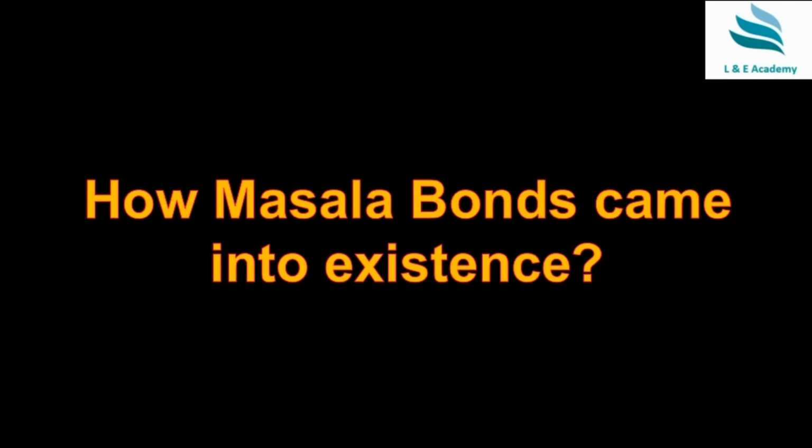Now, how masala bonds came into existence? Now, the concept of masala bond was introduced nearly 5 years ago by the government. An International Finance Corporation stemmed the record fall in rupee to capital flight spurred by severe current account deficit and the tapering of quantitative easing by US Federal Reserve.